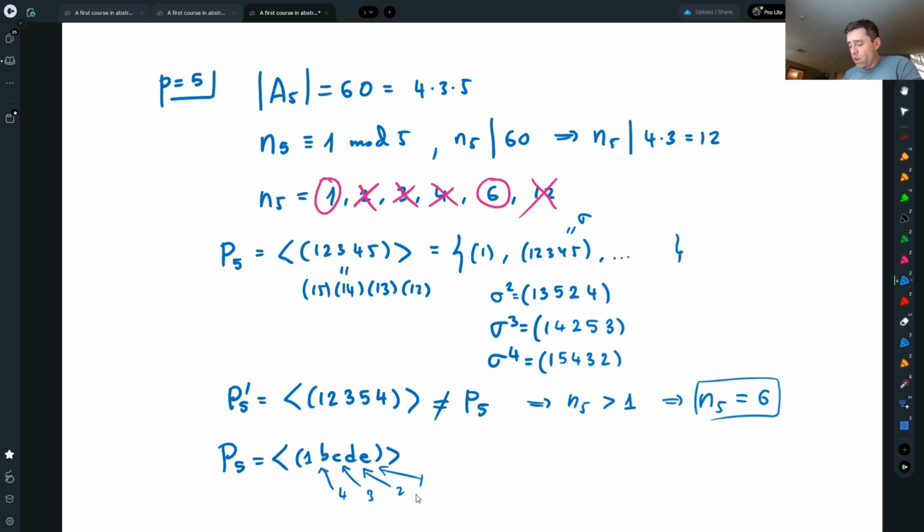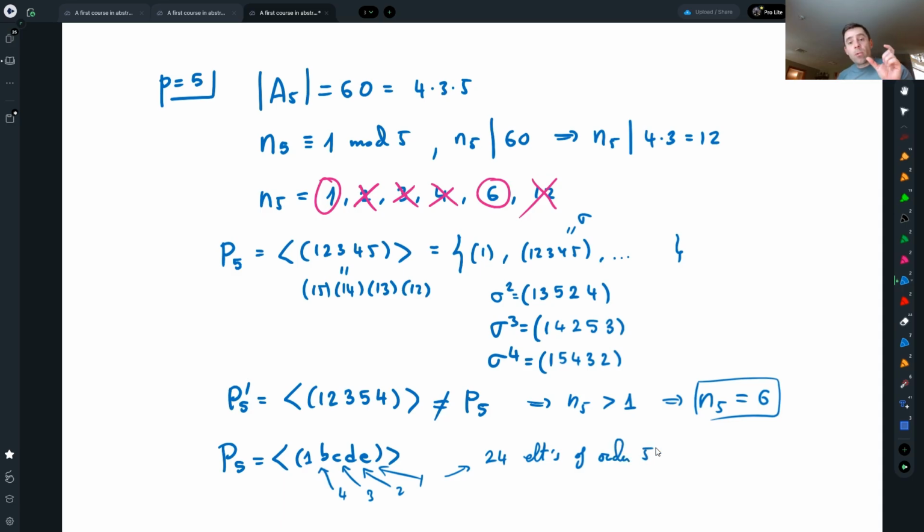So in total, 4 times 3 is 12, times 2 is 24 elements of order 5.